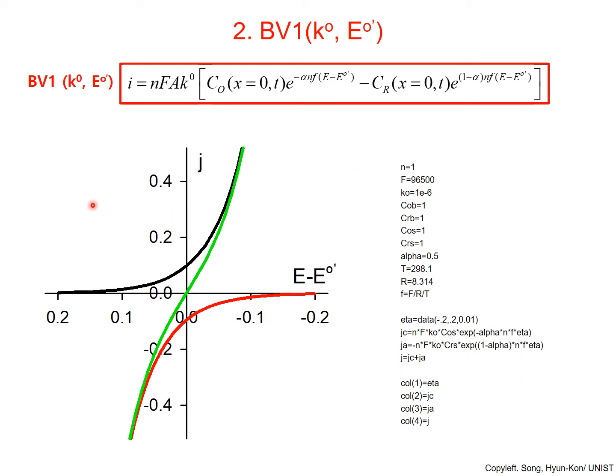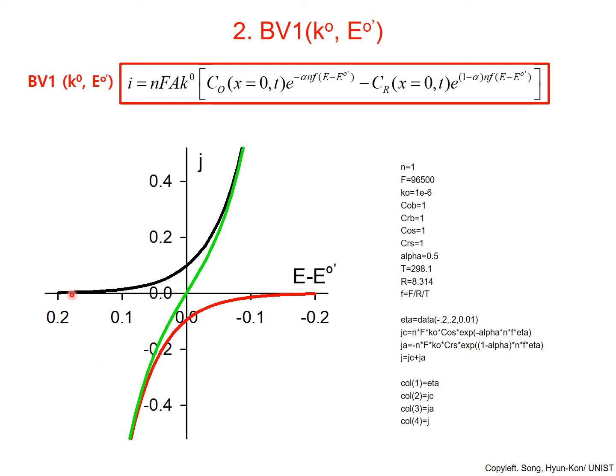Okay, then let me think about the graph. The x-axis is the potential with respect to the formal potential, so 0 means formal potential. The y-axis is the current density, so J can be defined as current per A. Then we have the green curve for the overall current, and this overall current can be split into two curves.